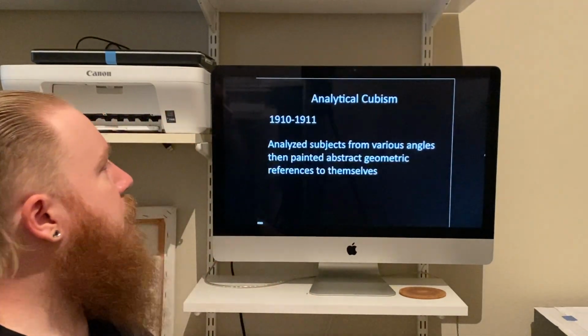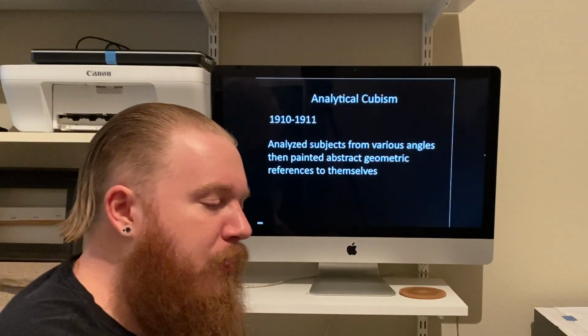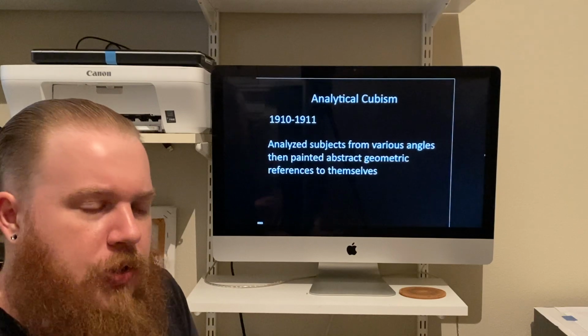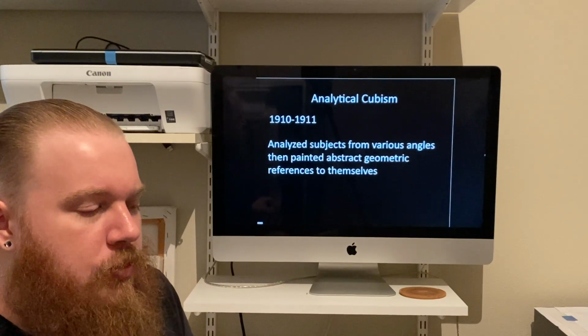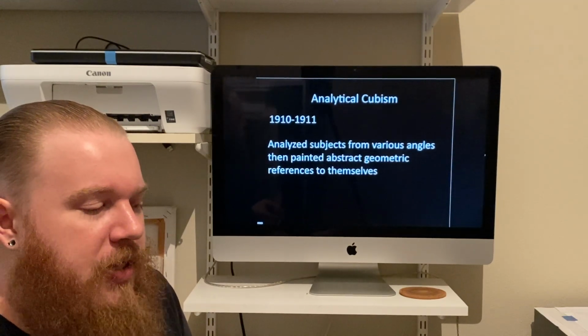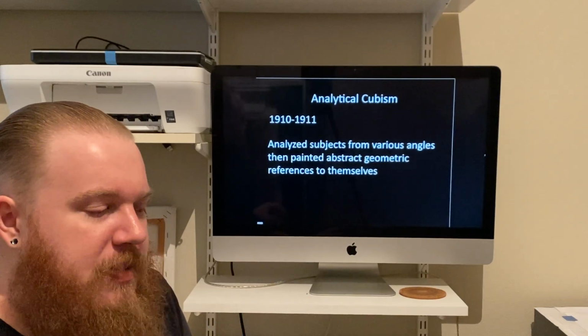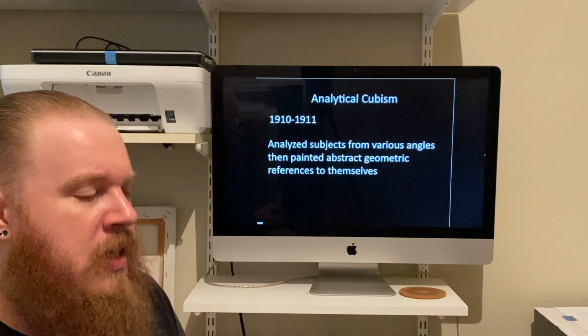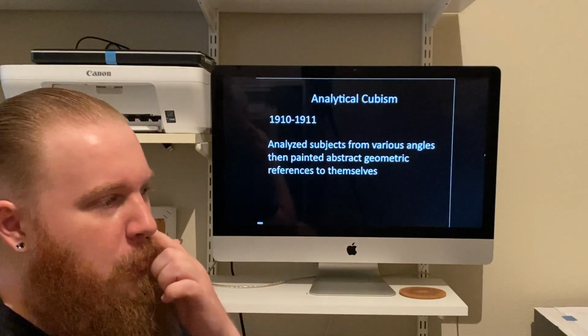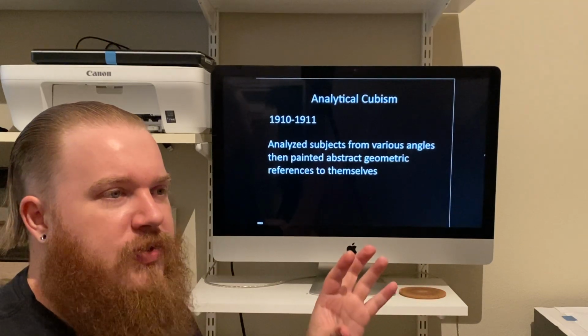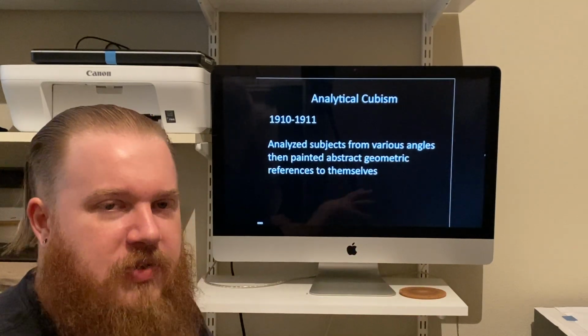But between 1910 and 1911, Braque and Picasso began working together in what they call analytical cubism. And so analytical cubism sought to analyze subjects from various angles, then painted abstract geometric references to themselves. So in analytical cubism, we're trying to basically create a single image which shows all aspects of the given subject matter.